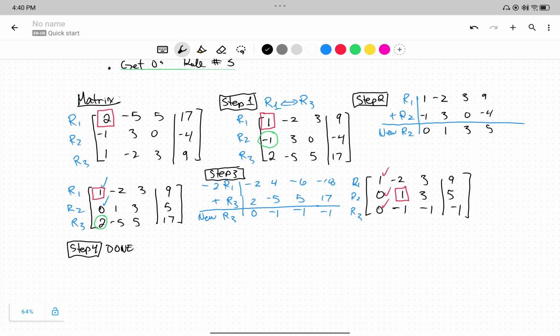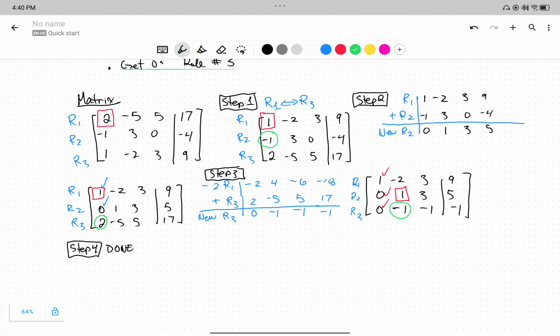All right, so what's next? The 0. And let's say if I want to make that one into a 0, I have to get it by adding rows. Which 2 rows? Well, row number 2 and row number 3. You have to use row number 2. You have to. The one inside the red box.